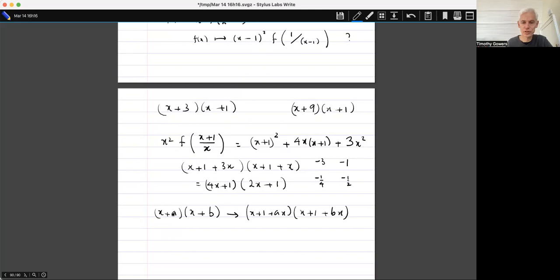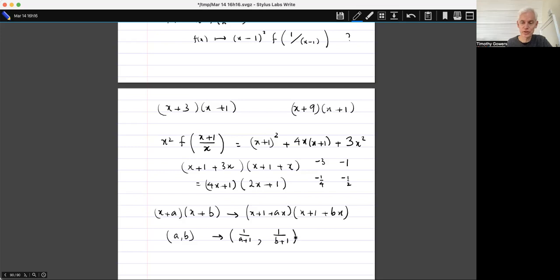So that tells me that the pair a, b, that's the pair of minus the roots, let's say, goes to the pair a plus 1, and then I got a 1, so it'd be 1 over a plus 1, 1 over b plus 1.